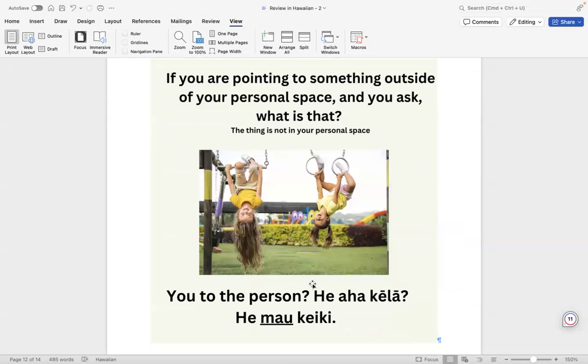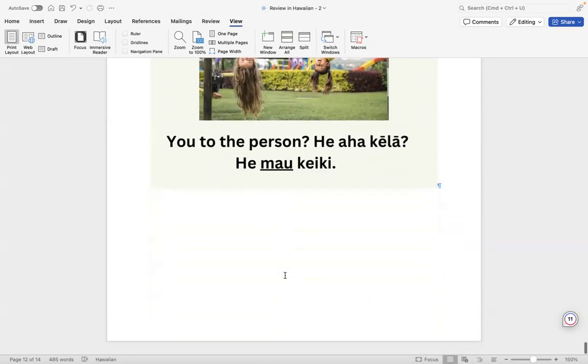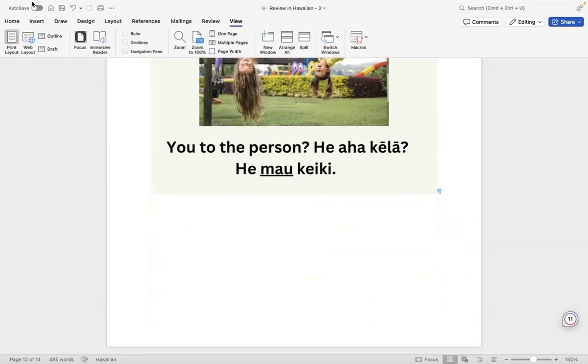So we're together, perhaps side by side, and I'm seeing these little monkeys hanging upside down. And I say to the person next to me, hey, he la kēlā, what's that over there? And then you respond, he mau keiki. Do you remember why it's mau? That's because there's more than one keiki. He mau keiki.